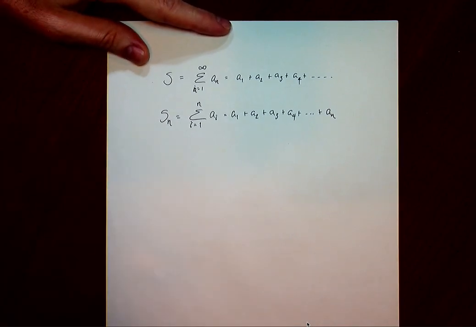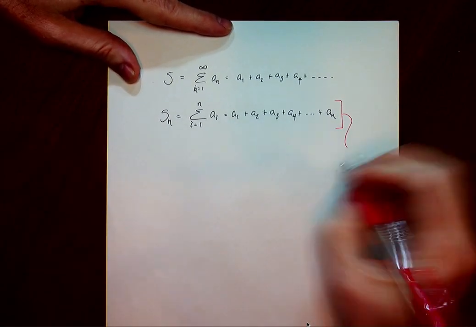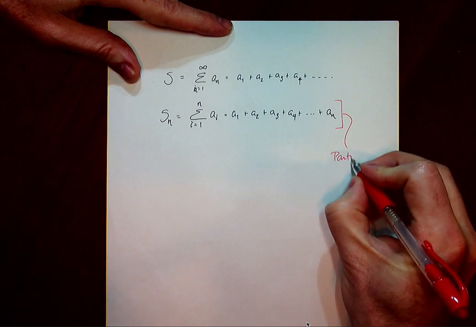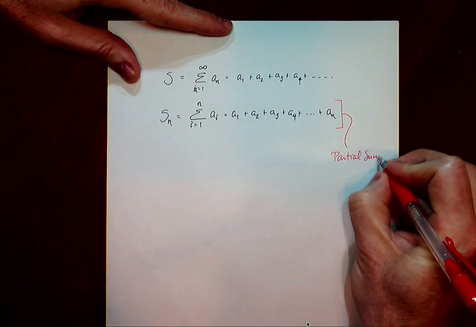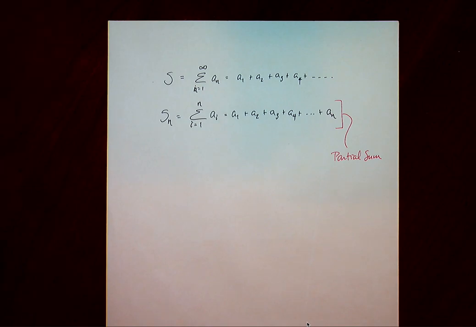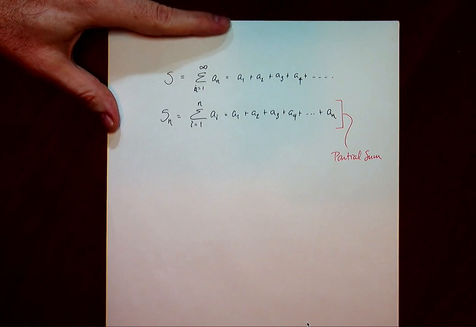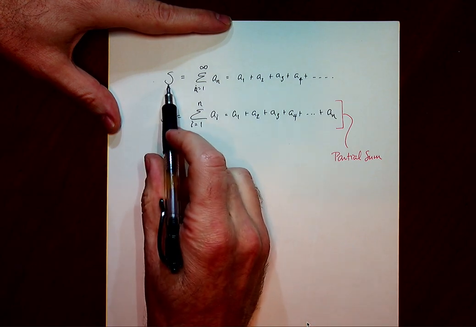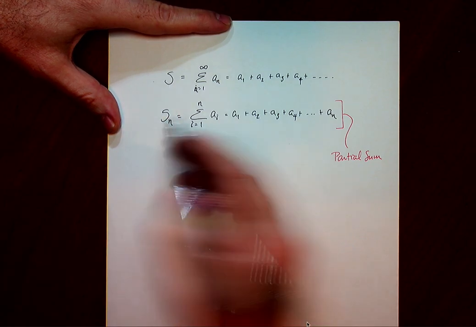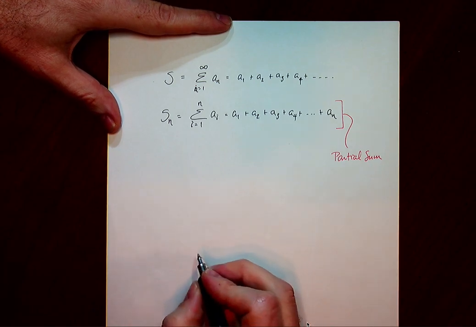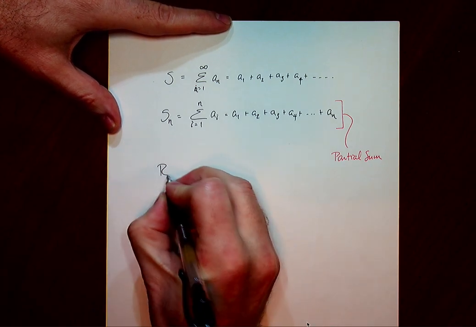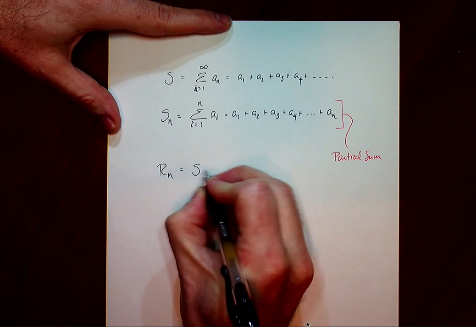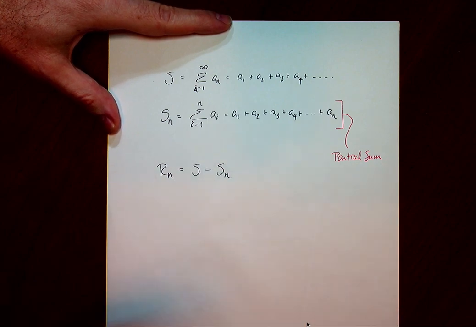Like I said before, this is what is known as a partial sum. If you want to know how good that partial sum is, you need to figure out what the remainder is. The difference between the actual sum and the partial sum is that remainder. So R sub n is the sum minus the partial sum.